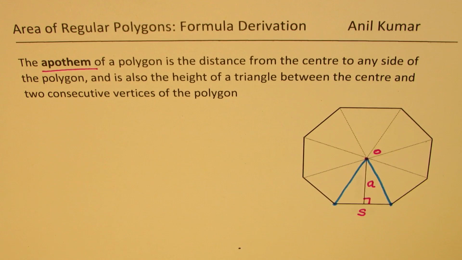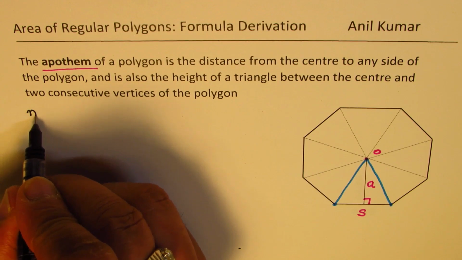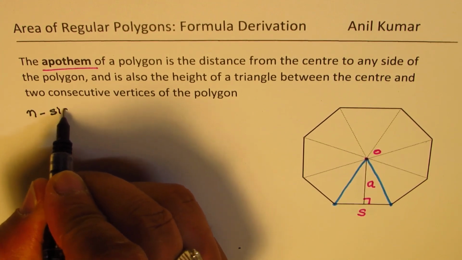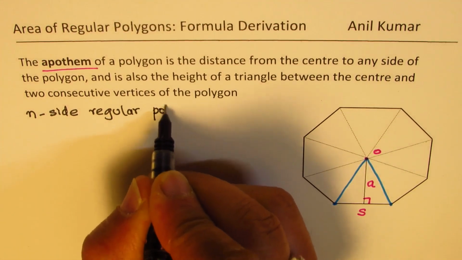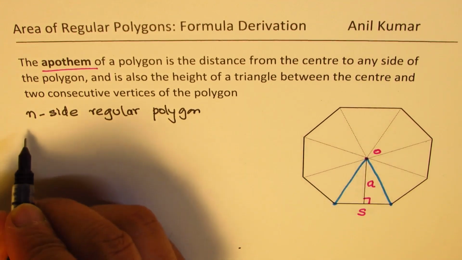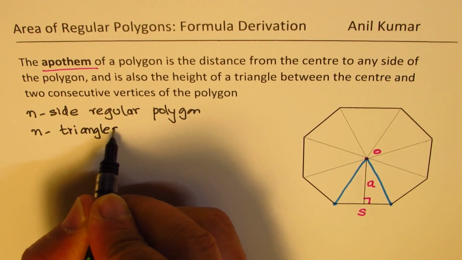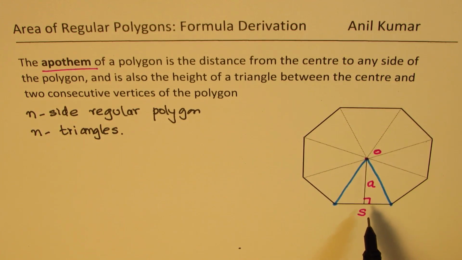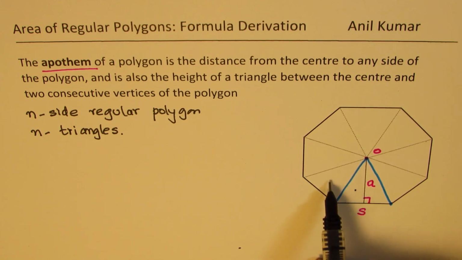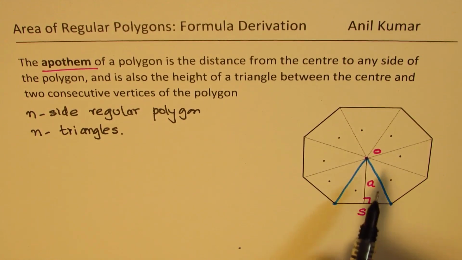Now, if we have a regular polygon with n sides, then we have n triangles. Correct? So in this case, we have 8 sides. It's an octagon shown before you. So there are 8 triangles. 1, 2, 3, 4, 5, 6, 7, 8. Correct? So there are 8 triangles.